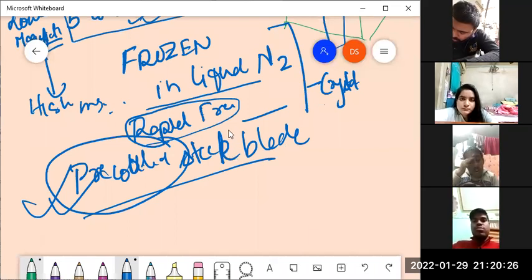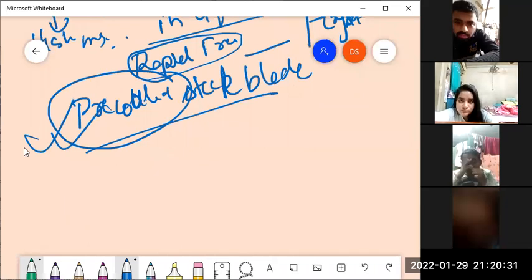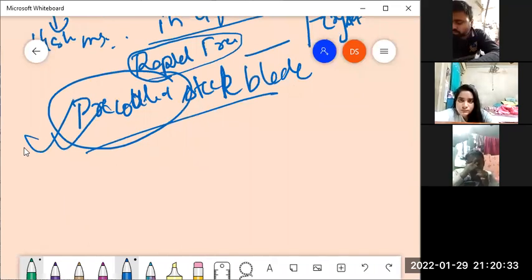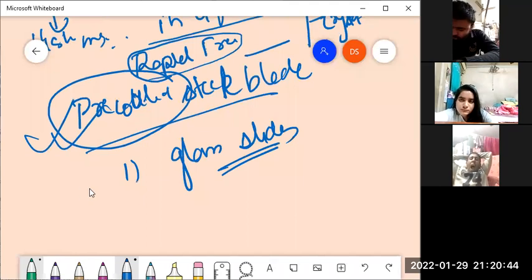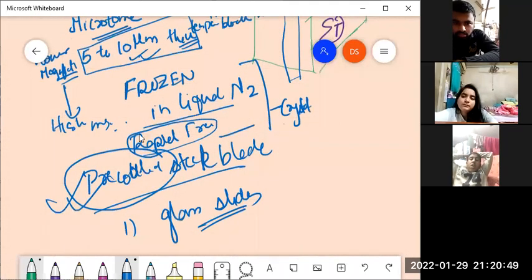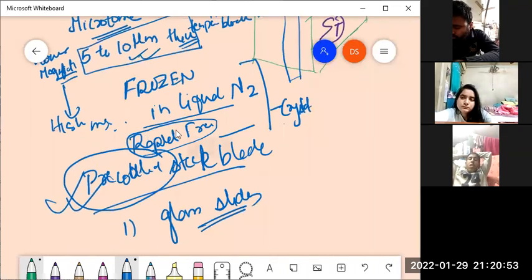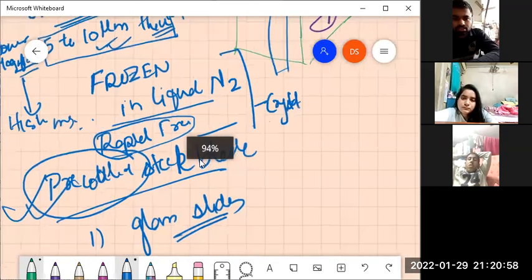And these sections, for the purpose of microscopy, are mounted on pre-cooled glass slides. So these are the techniques we perform when the method of embedding is not the usual one, but frozen in liquid nitrogen or by a rapid freezing method.